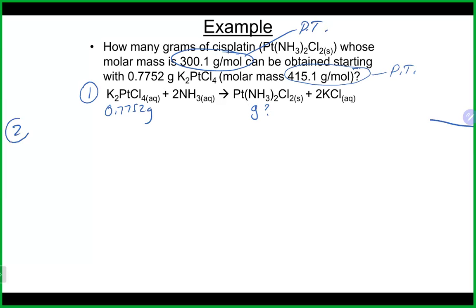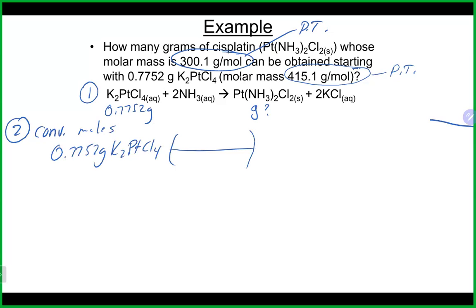So second step is to convert to moles, which again, we do need to do. So we'll take our 0.7752 grams of this guy here. And we're going to use the provided molar mass because they were nice enough to give it to us. The grams are going to go on the bottom.